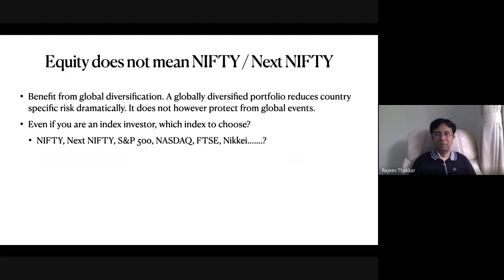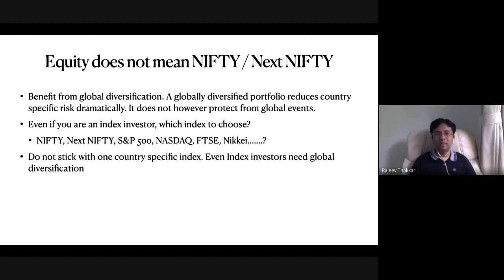So the question is, which index do you choose? There is a plethora of indices to choose from. The ideal situation would be maybe something like an MSCI World Index or something like that. But for most people, if you have an India plus a US centric approach, US has global multinationals. So if you are buying companies in the US, willy nilly you are getting some measure of global diversification. In which case you need not go to a Brazilian index or a Mexican index and a Russian index and so on.